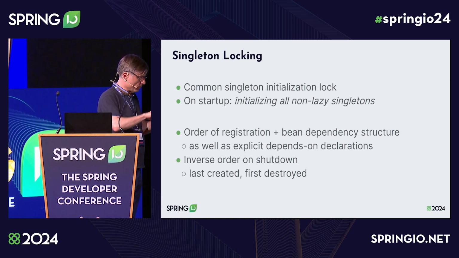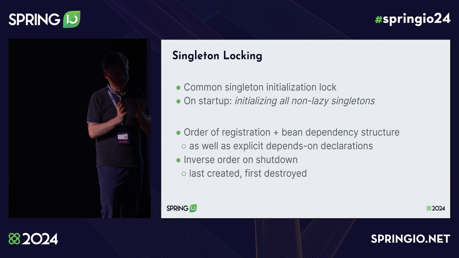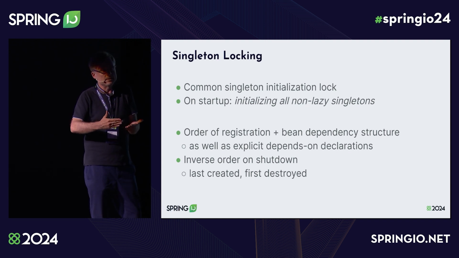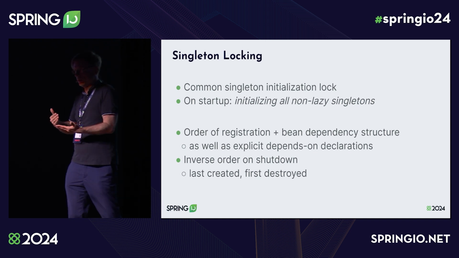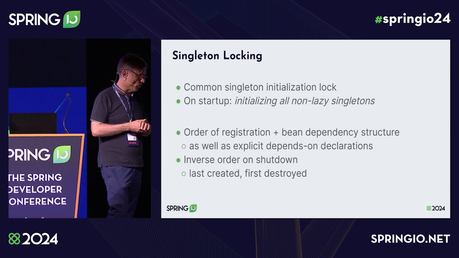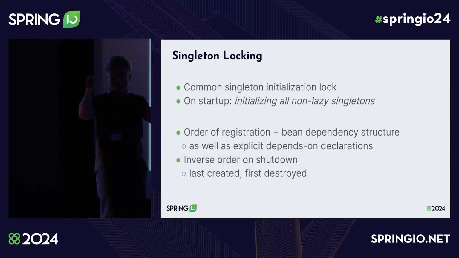On shutdown, for completeness, that's not actually our primary topic, but on shutdown, we also destroy bean instances, singleton instances, in the inverse order. So the last one created is the first one that we are going to destroy, which also means that, say, for the data source and the repository bean, we're going to destroy the repository bean first.